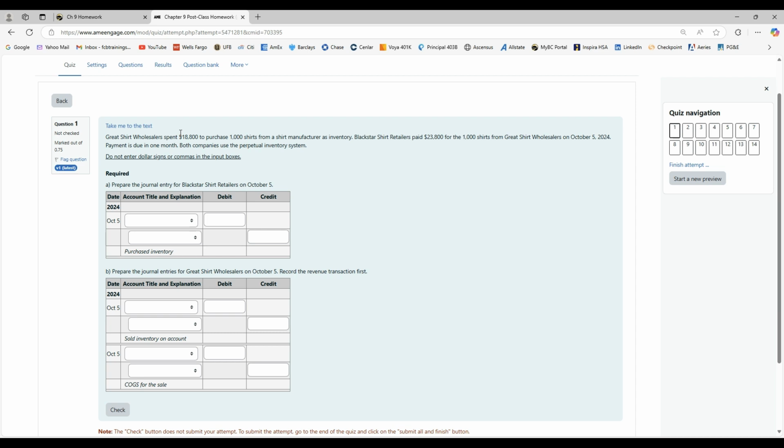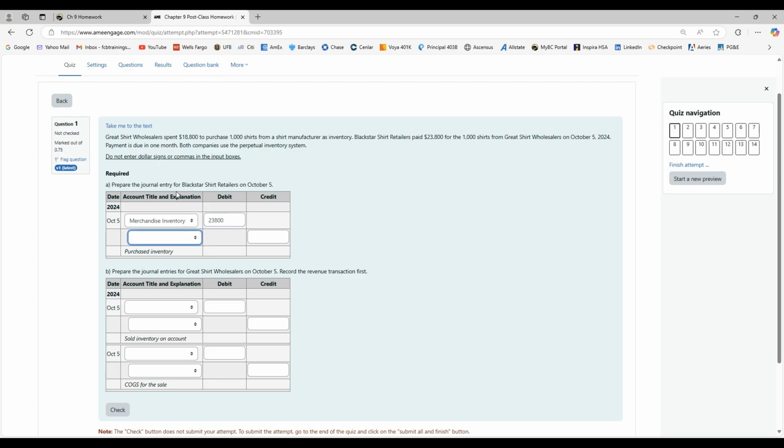both perspectives as far as it goes from the Great Shirt Wholesalers, because they bought the shirts and then they sold them, and then these guys, the Black Shirt, bought the material. Okay, so if we are the Black Shirt retailers on October 5th buying these shirts, we're going to record that in as merchandise inventory, and we paid $23,800.